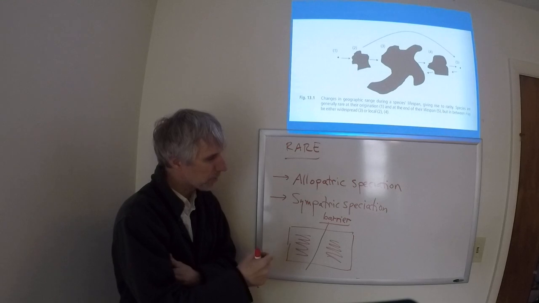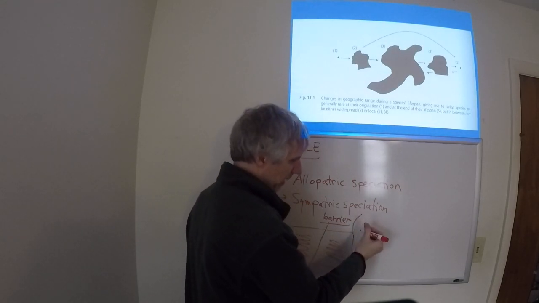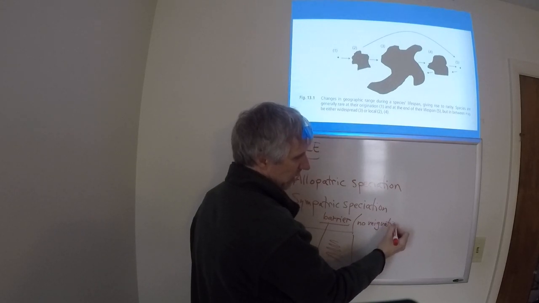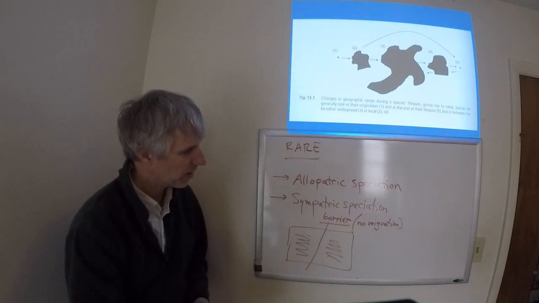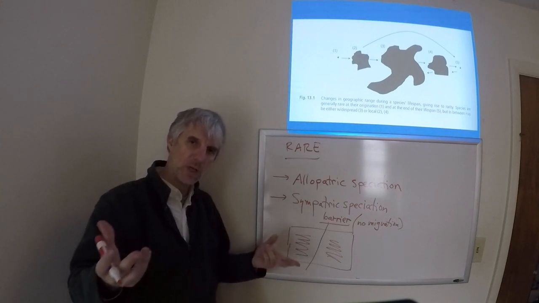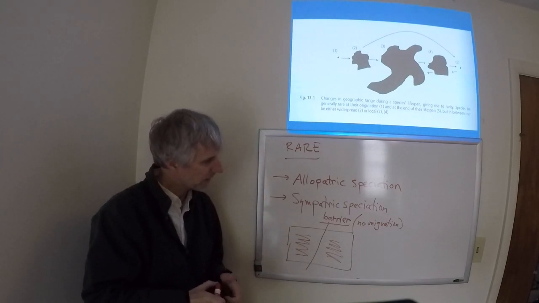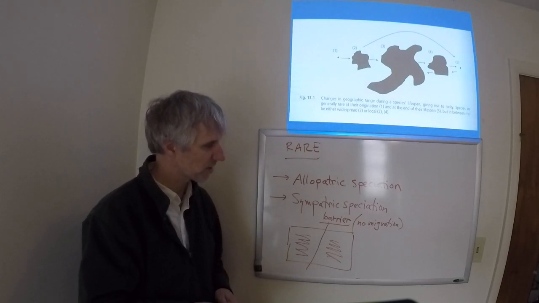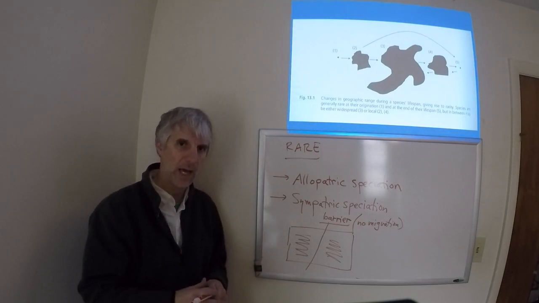This barrier is preventing any migration from occurring between these two subpopulations. I cannot get individuals from here over to there and vice versa. There's no migration that's been allowed.